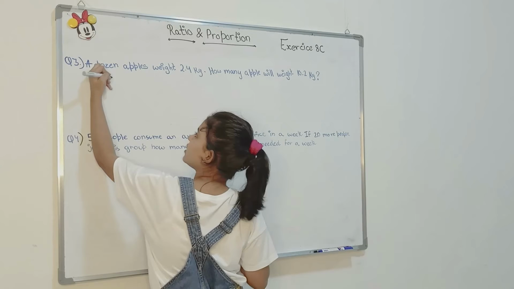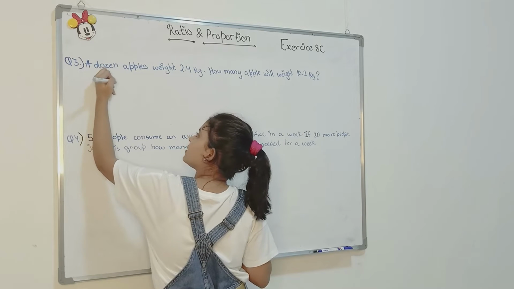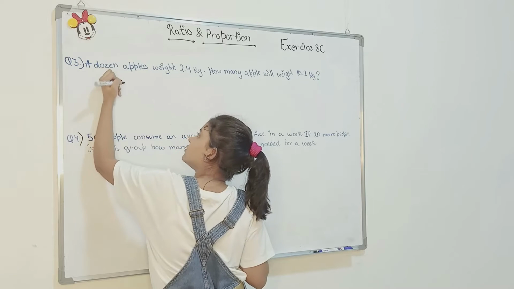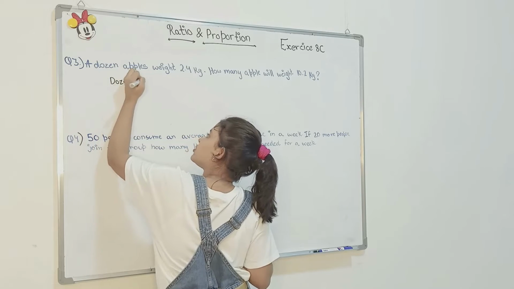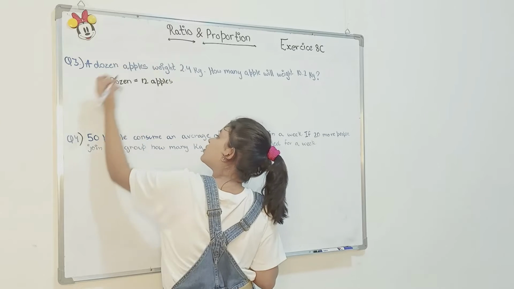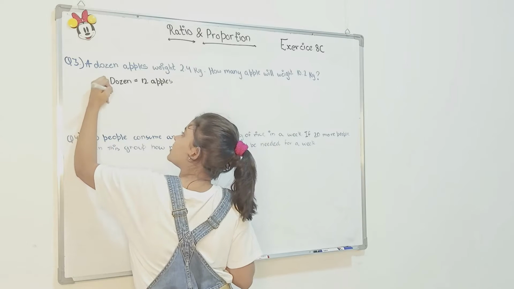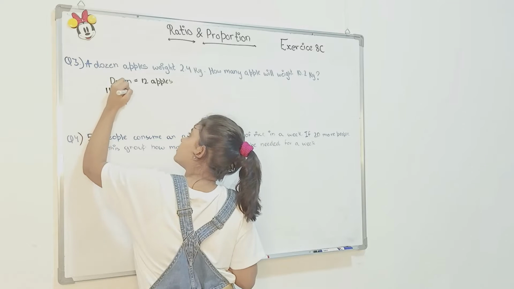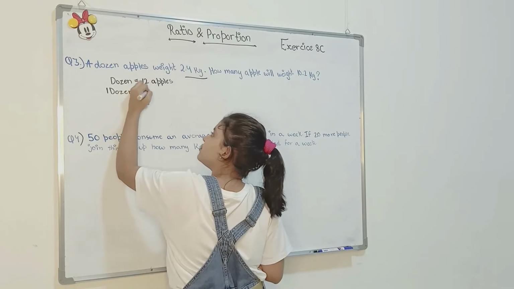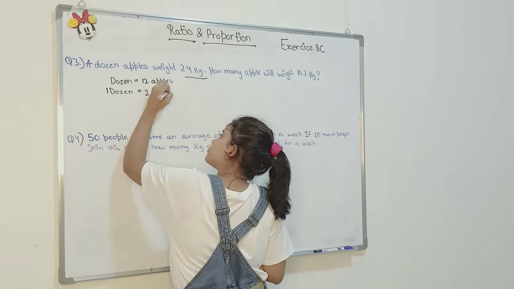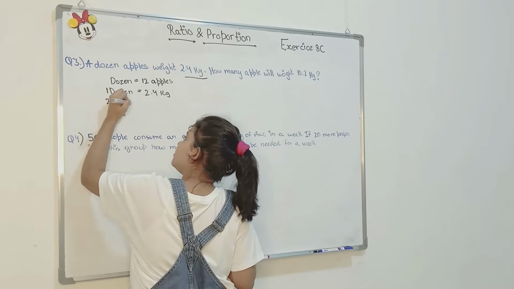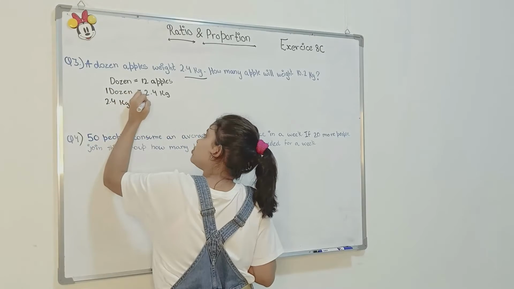So let's start writing. Here a dozen means 12 apples. So we can write a dozen weight is equal to 2.4 kg, or we can write 2.4 kg is equal to 12 apples.